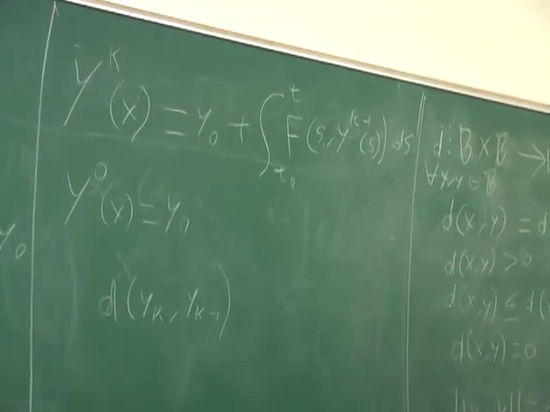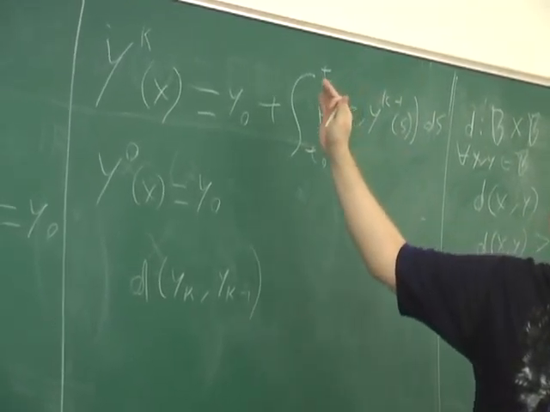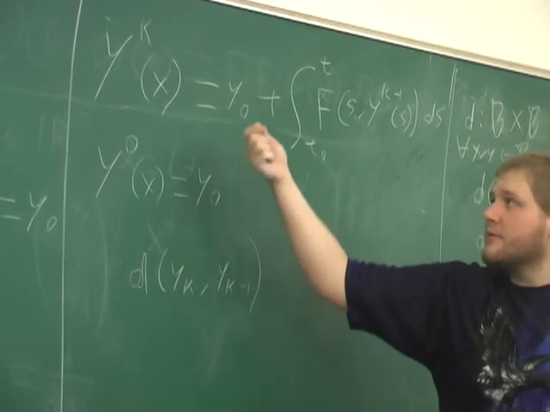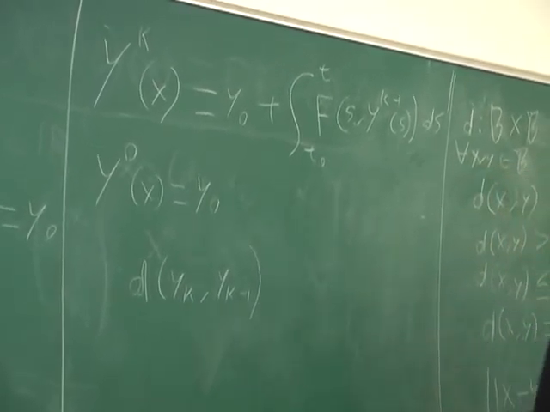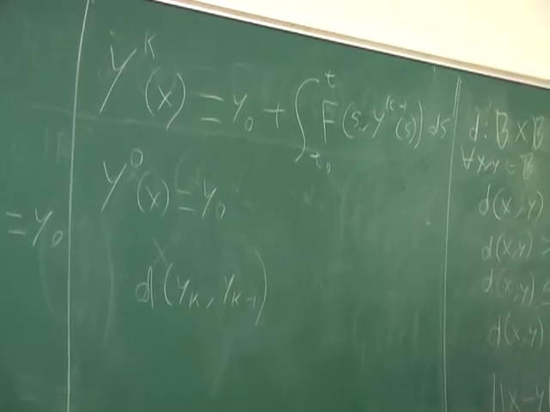And he proves the contraction mapping theorem and then applies it to this problem, with this being the mapping, this y_k being the mapping of the element. So I think that's all I'm going to discuss today.